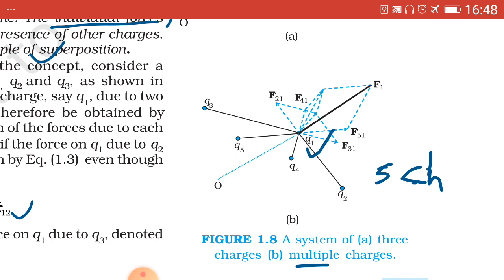Say for example, in the first figure A, there are 3 charges. So total force will be equal to vector sum of 2 forces.